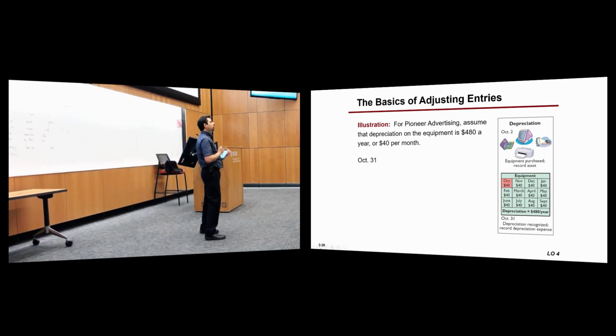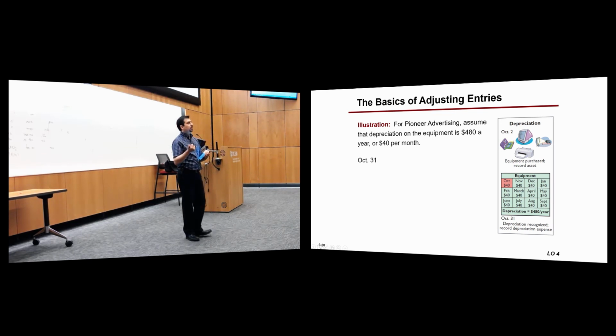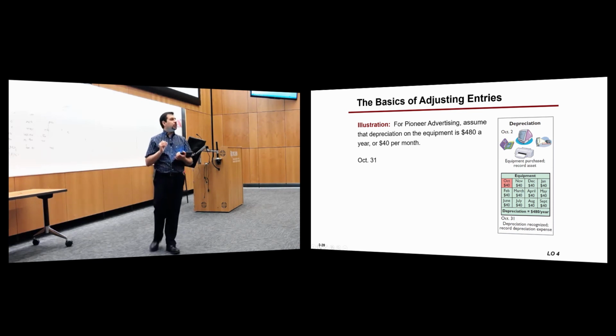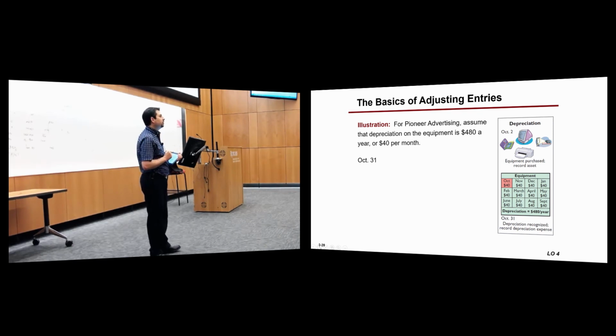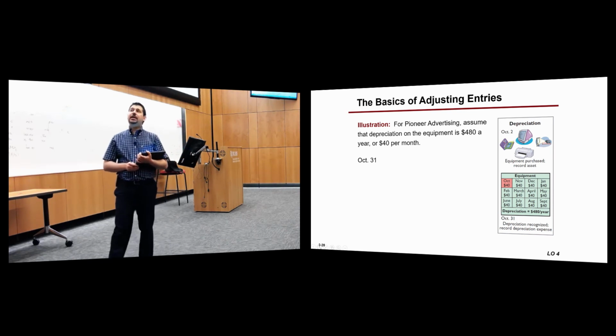So in order to avoid violating the cost principle, but at the same time keep track of how much cost is allocated to that accounting period, companies use accumulated depreciation. This is a contra asset account.